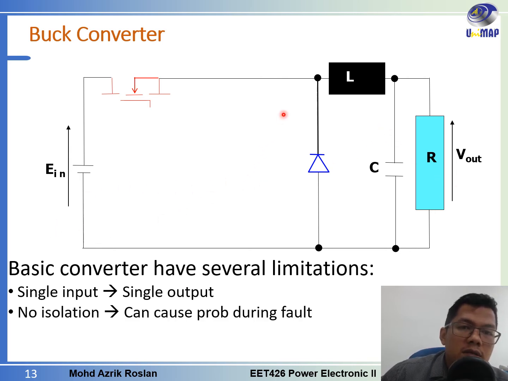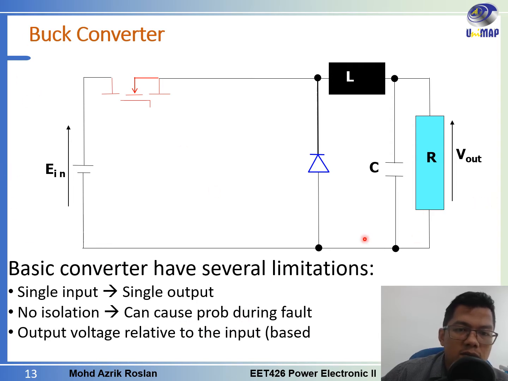and because of the wiring, there is a direct connection between the input and output, so there is no isolation. Like I mentioned before, this can cause problems: if a fault occurs at the input side, it will affect the output side.